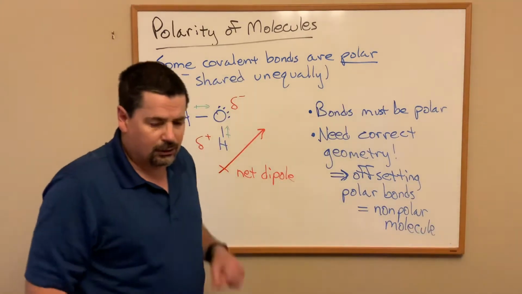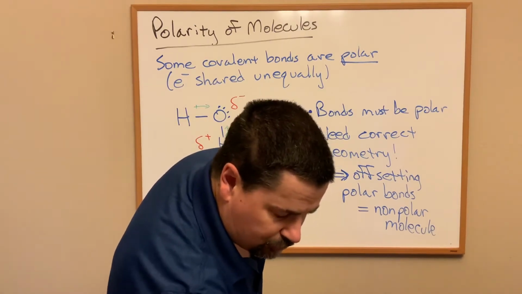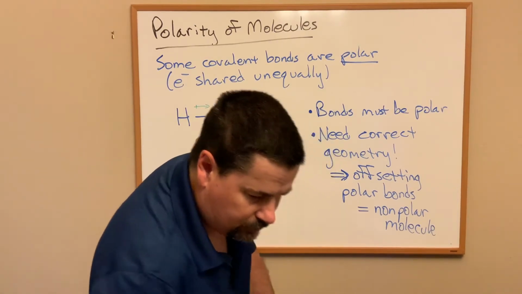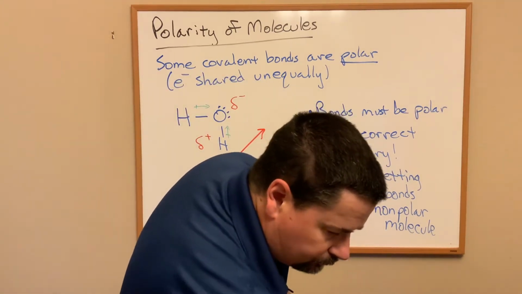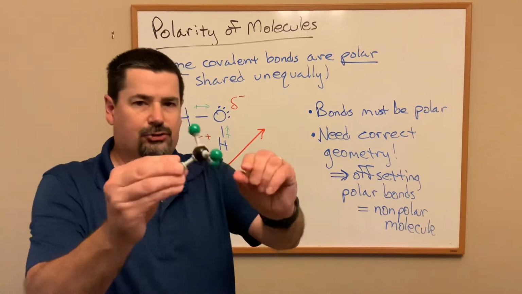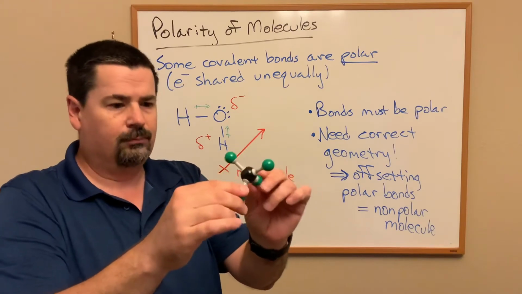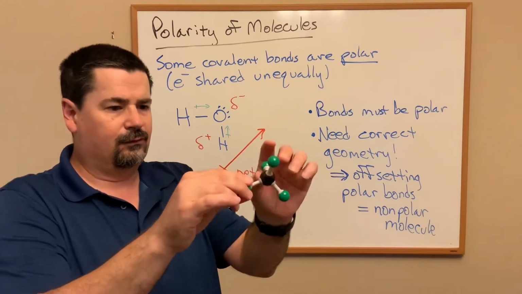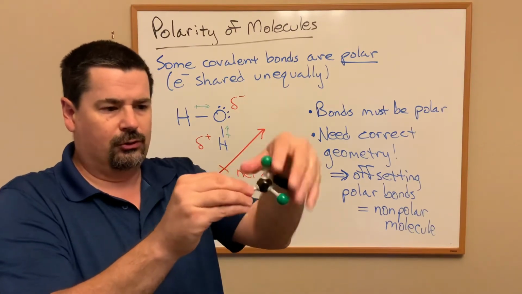Okay, and so an example of that could be something like, let's do this. Let's take these guys off. We'll look at some examples here. So we could have, let's say, carbon tetrachloride. Now the carbon-chlorine bond is polar, so the electron density is going to be pulled towards these chlorines.